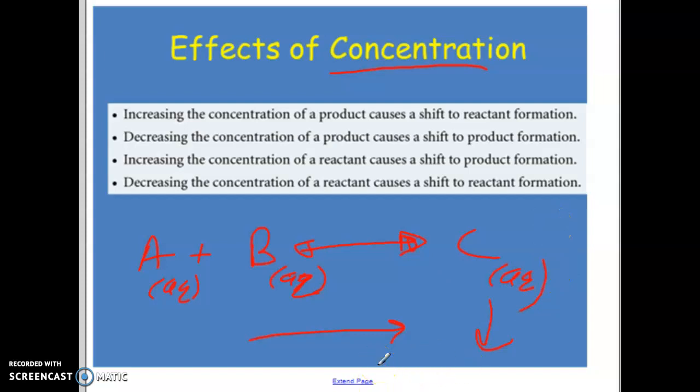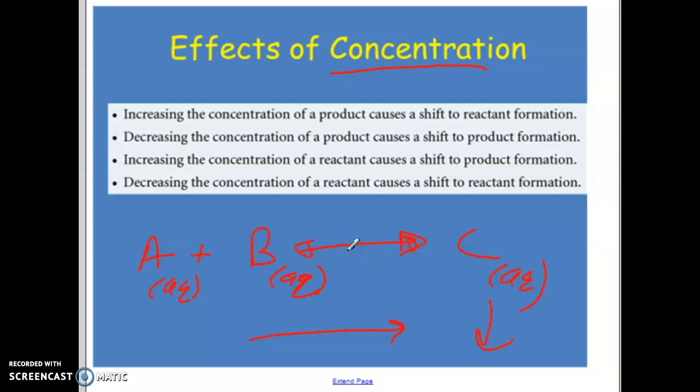So you're probably wondering, what happens after all these shifts have happened? Eventually, let's say we replenish this C concentration, it will get to the point where the rate will begin to slow down and the reverse reaction will then be equal to the forward reaction once again.